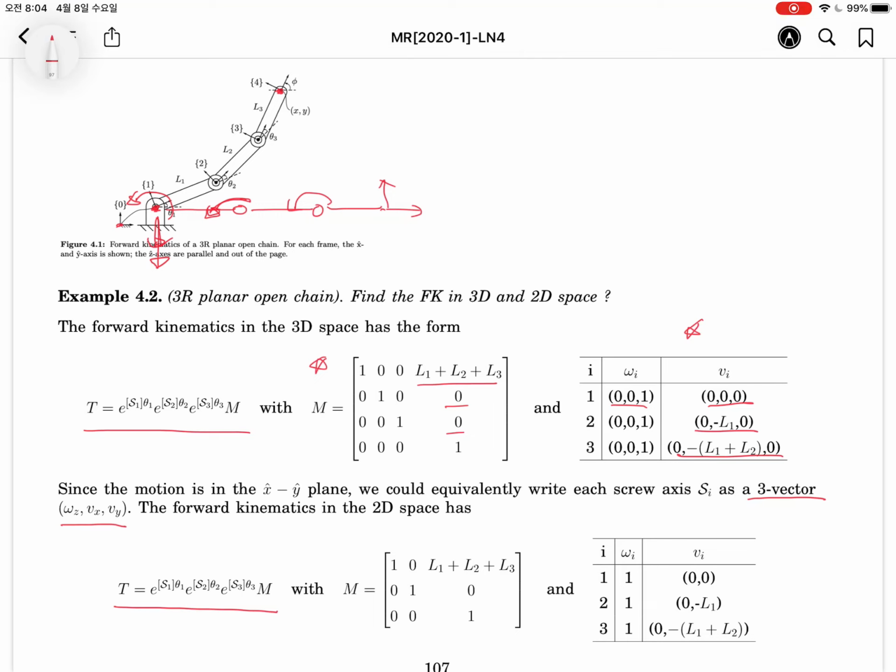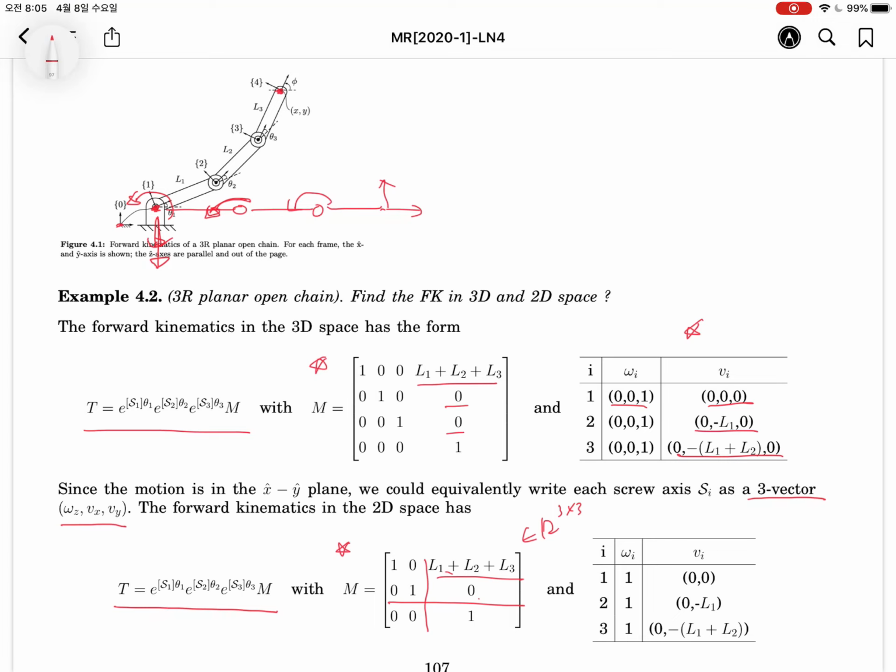So the forward kinematics is the same, but the dimension of the M matrix will be reduced to R 3 by 3. The rotation matrix is the 2x2 identity matrix, and then the X component is L1 plus L2 plus L3, and Y is 0.